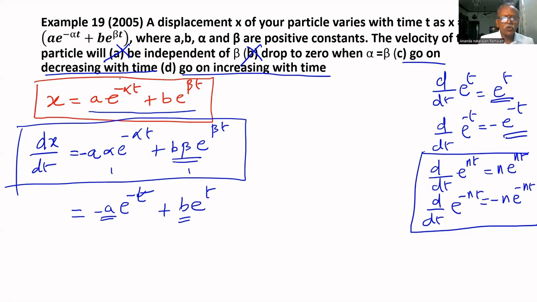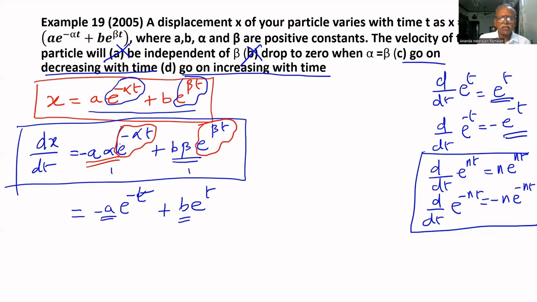So we must know what the graph is for e power minus alpha t and for e power beta t, multiplied by a alpha and b beta. Let us assume that a alpha and b beta are 1, no problem.